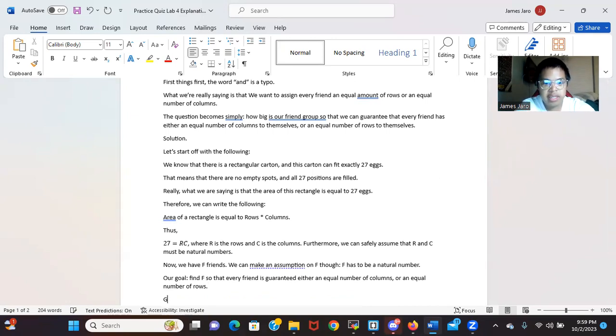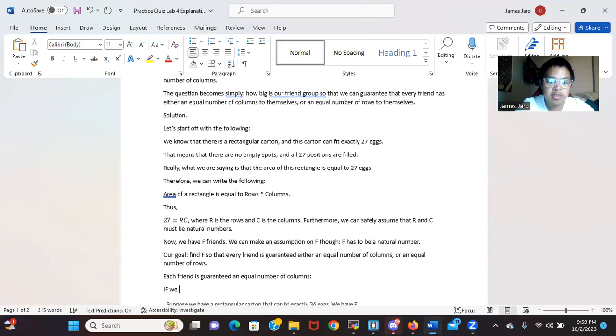Each friend is guaranteed an equal number of columns. This one's a little bit tricky because we're saying that everyone gets the same amount of columns.